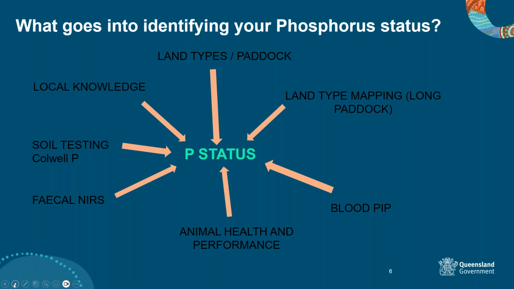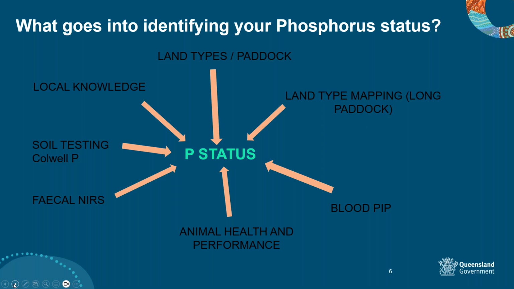Weathering has been undertaken here for millions of years, and so all those resources like phosphorus have tended to move down the topography and are caught in the silt, in the sediment, in the lower reaches of the landform. So if you know what those P adequate land types are and what the P deficient ones are, that's pretty useful. If you've got a lot of P deficient country that's also broken up into singular paddocks with no access to a P resource, that could heighten the deficiency risk in those paddocks. So overlaying those land types on a shapefile of your property maps is probably a useful thing to do.